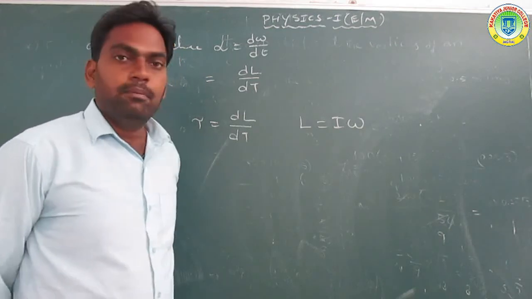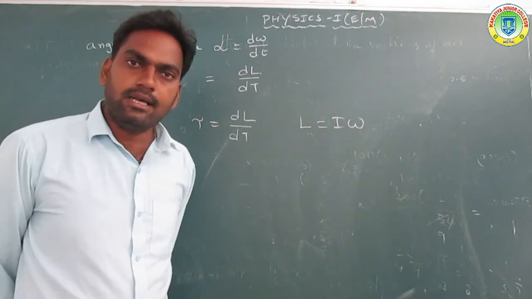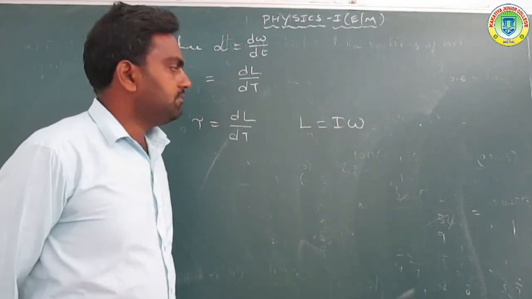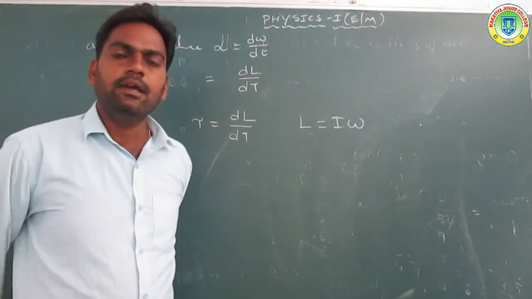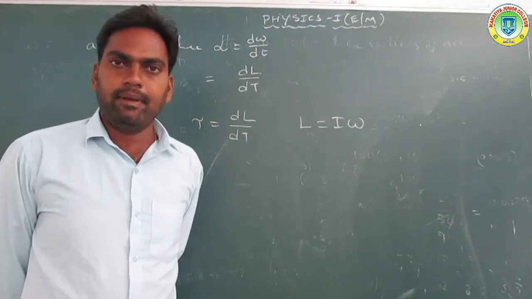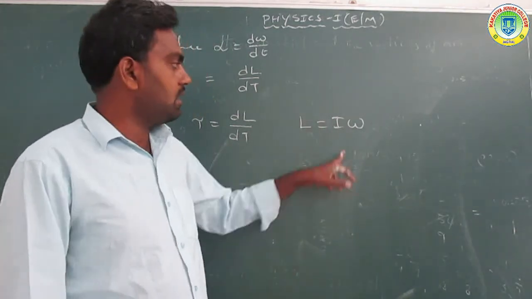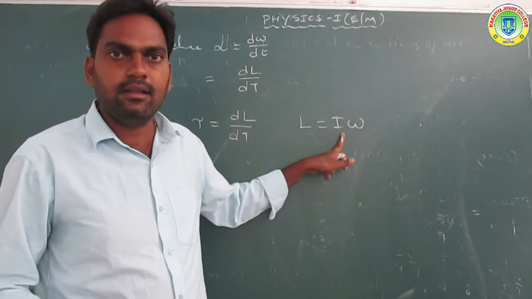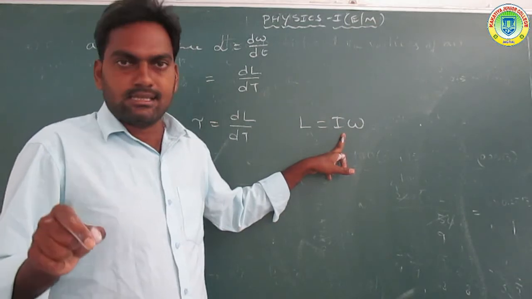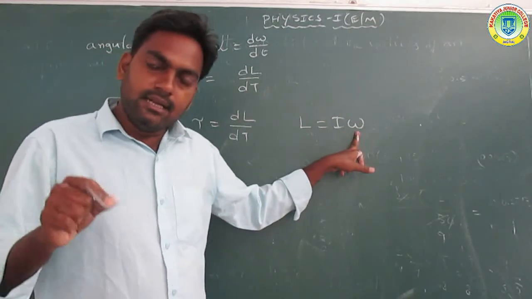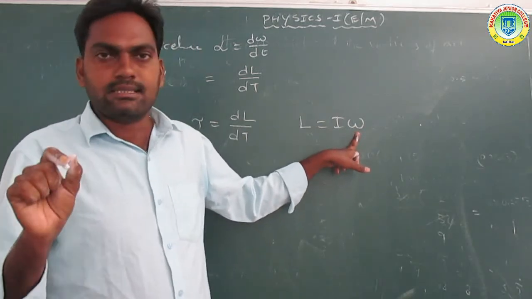I means moment of inertia, omega means angular velocity, and L is the angular momentum. This is for rotation, not translation. In translation we take mass instead of the rotational moment of inertia I, and only velocity v instead of angular velocity.